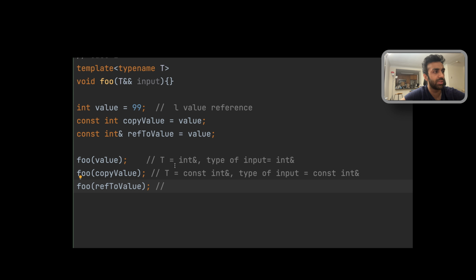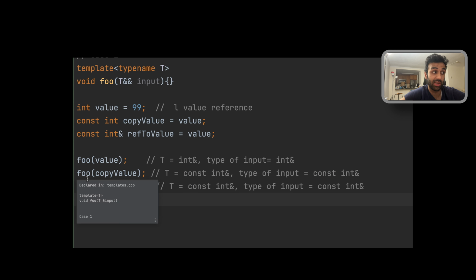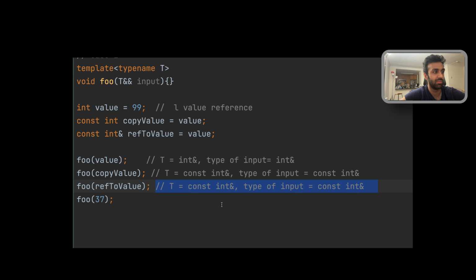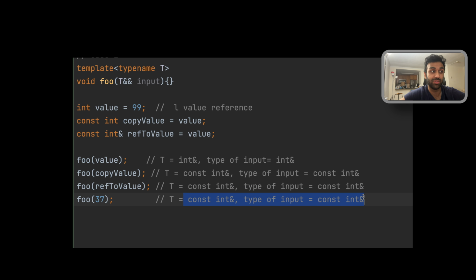And for the last case, it pretty much should be the same. So I'll just copy paste this. And for the last case, right? Let's say you do something like 437. What do you expect now? It's an interesting thing.